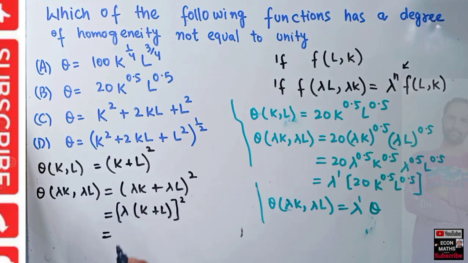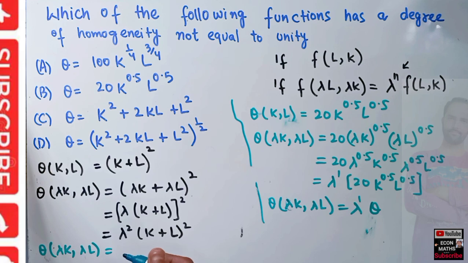So we can write it in this fashion. If we expand it, it will become lambda squared times (K plus L) squared. So here again, when each input factor was multiplied by the same factor, output increased by more than the same factor.